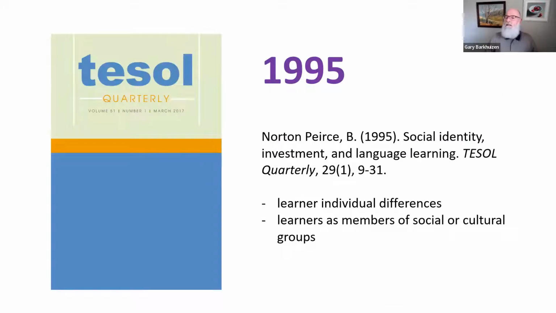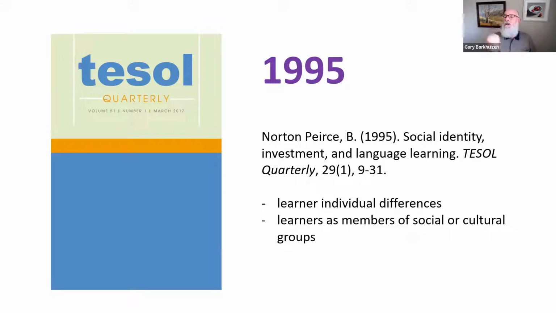So these ideas she first put down in her 1995 article. That's a long time ago. This 1995 article, Social Identity, Investment and Language Learning, in the journal TESOL Quarterly. And of course, work was done on identity long before this, where second language acquisition researchers looked at individual differences of learners, focusing very much on the learner as an individual.